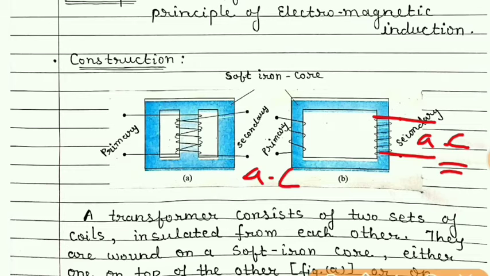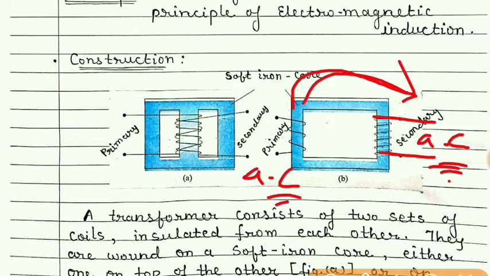Input is also AC, output is also AC, but the only difference is that the voltage will change. If the transformer is a step up transformer, then there will be an increase in the voltage, and if the transformer is step down, then the voltage will decrease.